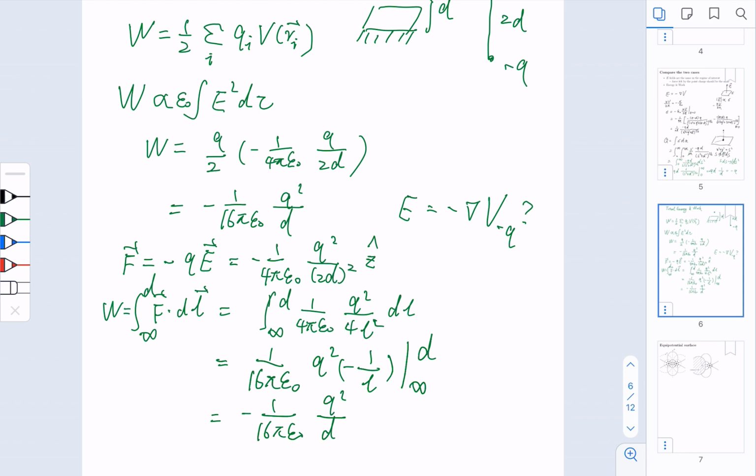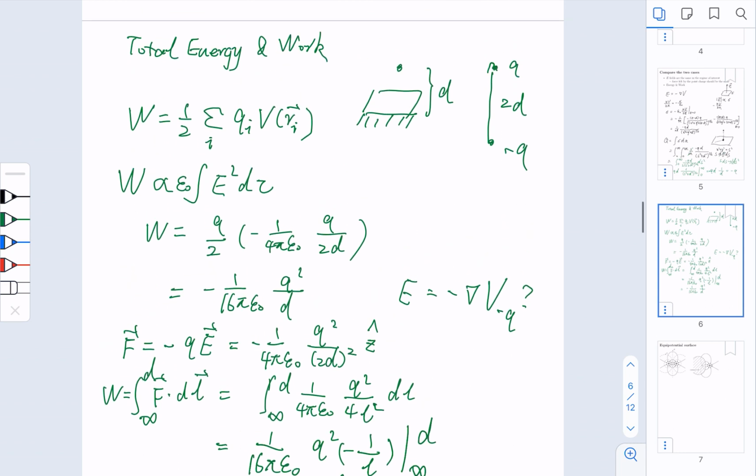So this is the only difference between the image charge problem and this image charge with a conductor.